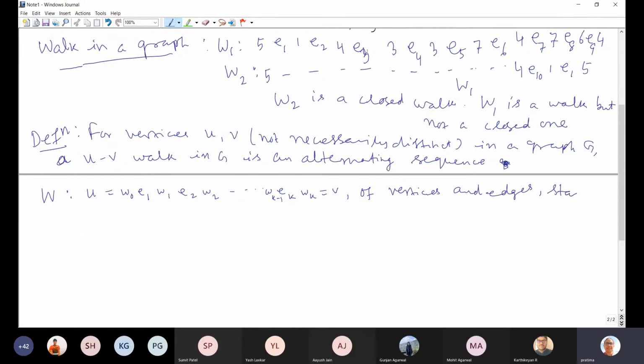I'll write down vertices and edges starting at U, because this is a UV walk, therefore the starting vertex is U and ending at V, such that every edge is incident on the vertices preceding and following it.